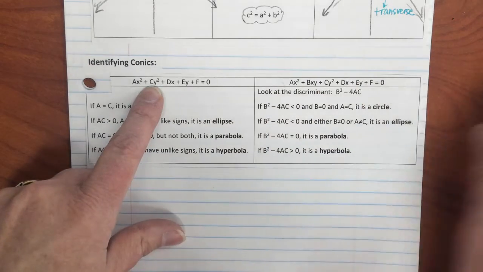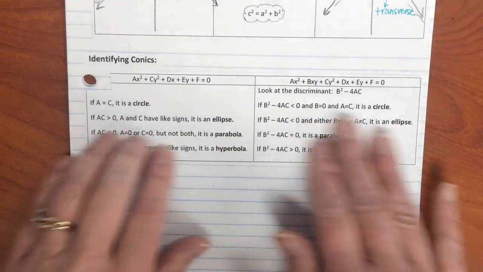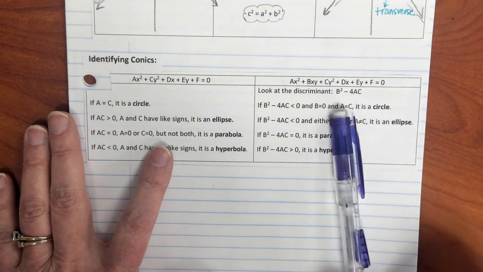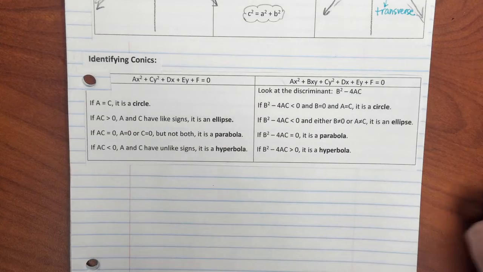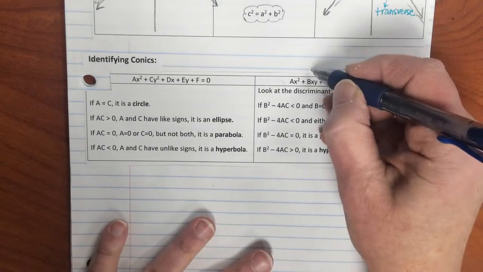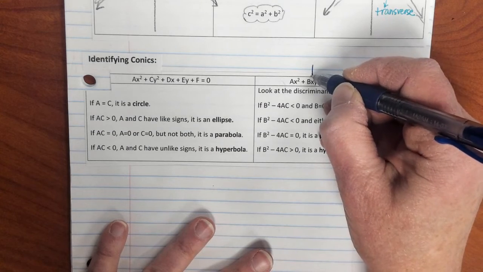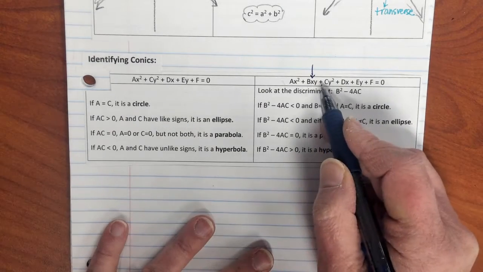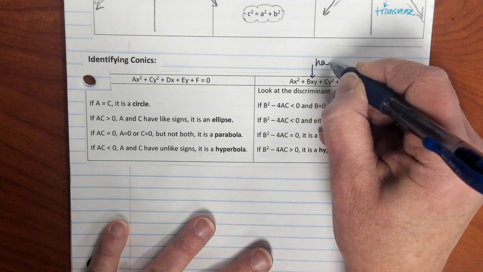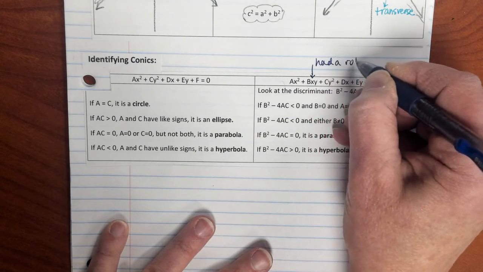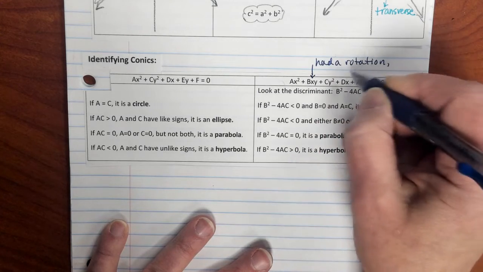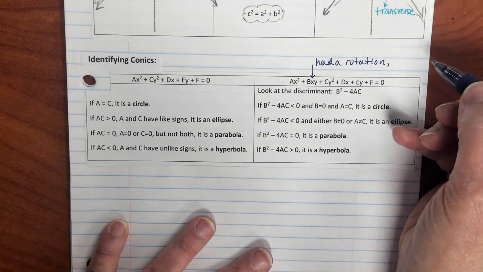Now, I have put in your notes this little table here, and this side is used mainly if you have this piece right here, if you have an XY term, then that means that you've had a rotation, and there you cannot complete the square.